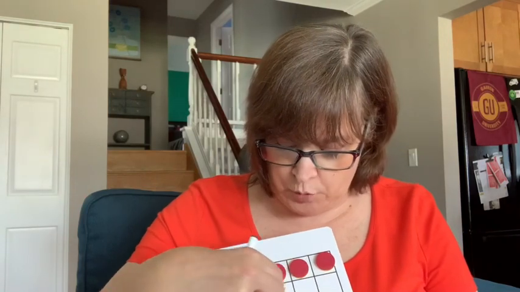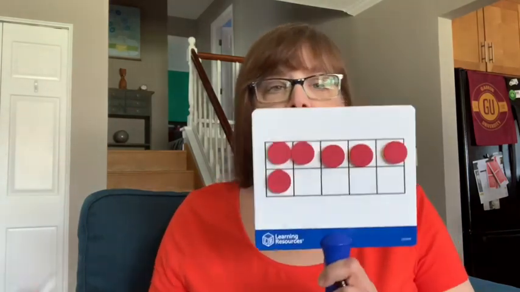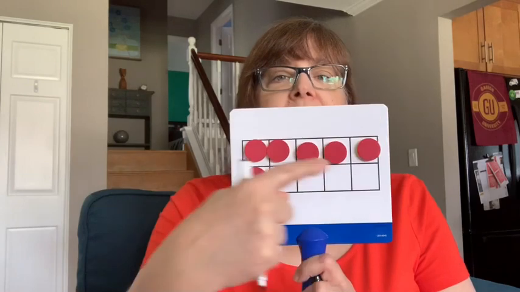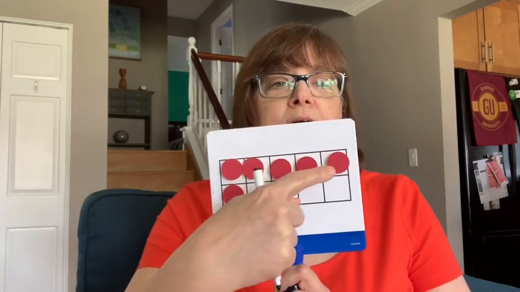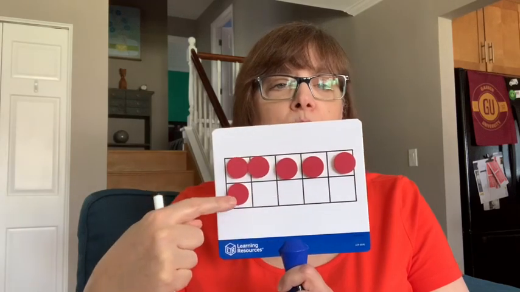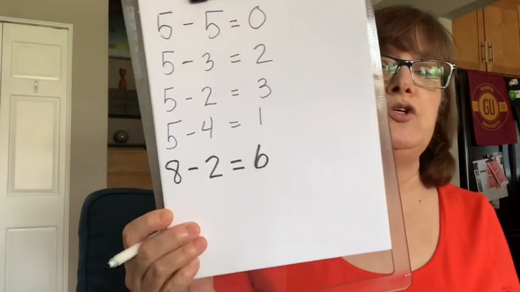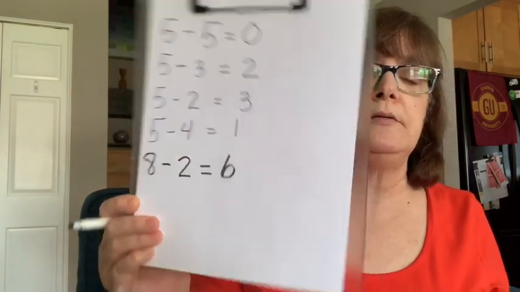Let's take away 2. 1, 2. So we have 8 minus 2 equals, how many is that? 5 and 1 makes, you're right, 6. 8 minus 2 equals 6.